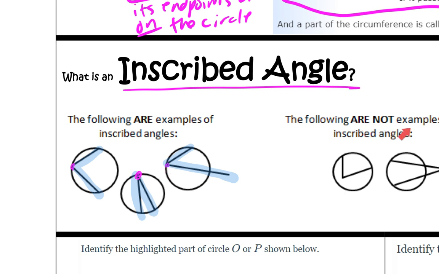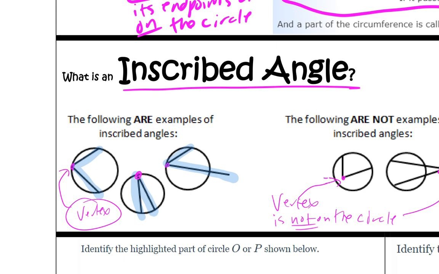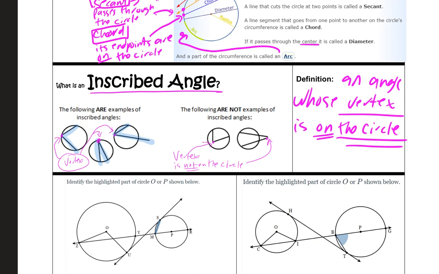These are not examples, because the vertex is not on the circle on both of these. On these, the vertex is on the circle. So that's the main difference between an inscribed angle and a non-inscribed angle.